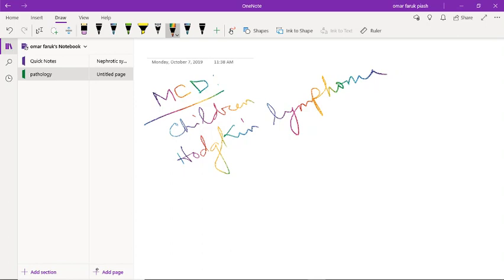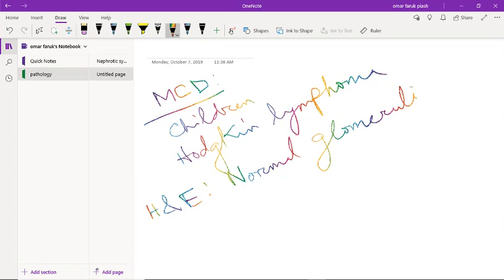Or what you have to do is to remember these three things. In H and E stain, you may get normal glomeruli.